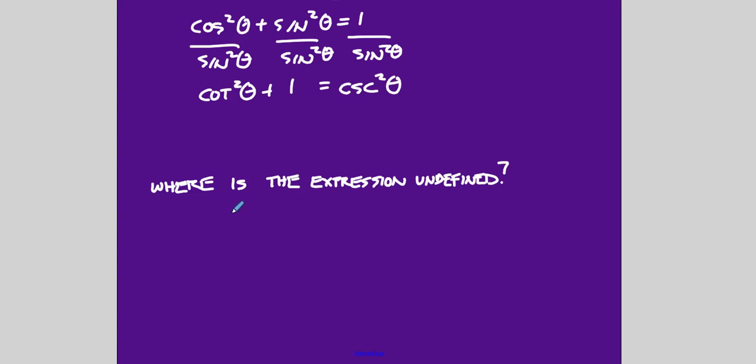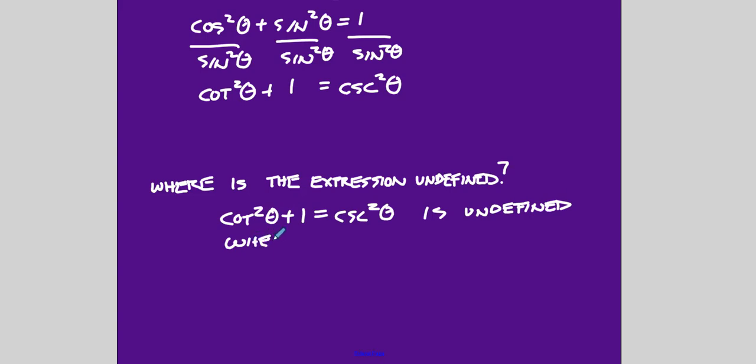So cotangent squared theta plus 1 equals cosecant squared theta is undefined where sine squared theta equals 0, or sine of theta equals 0. This would be at k pi, where k is an integer.